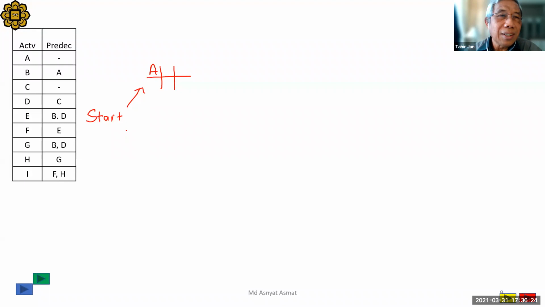A, after that, B. B is after A. So now we try to be smart, a smarter way of doing it. C is alone.